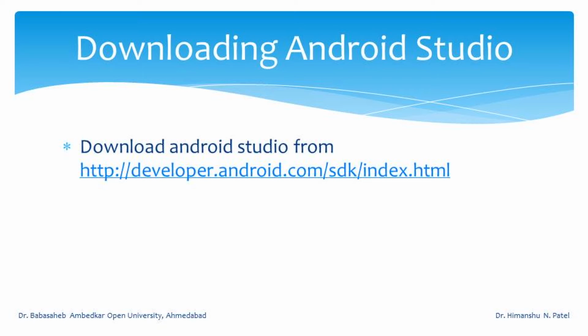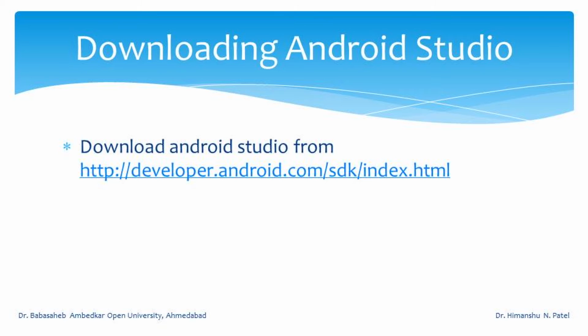Android Studio is free to download from Google. So, you can easily download Android Studio from Google, and the URL for downloading Android Studio is shown on screen, which is developer.android.com/sdk/index.html.